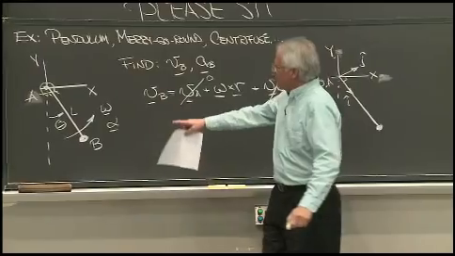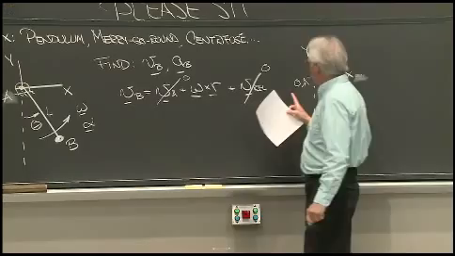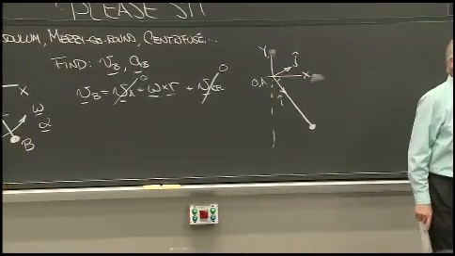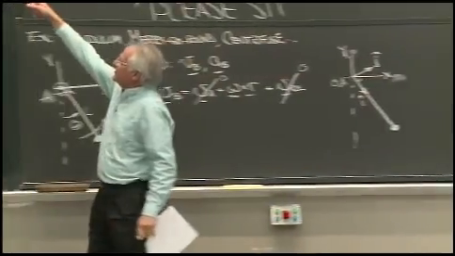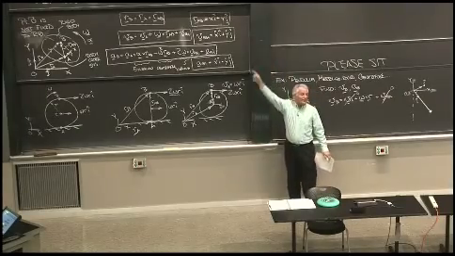Max, if this is the choice of the body coordinate system, do that for me. What's R sub AB? 0. Once again, 0. Good guess, no cigar.